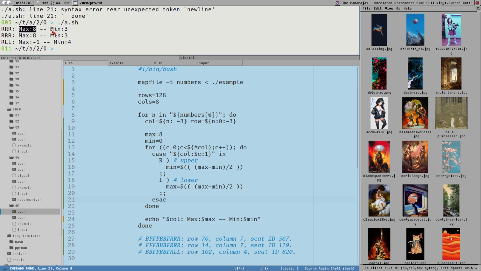Then we get right again. And then we have 8 minus 4 divided by 2.